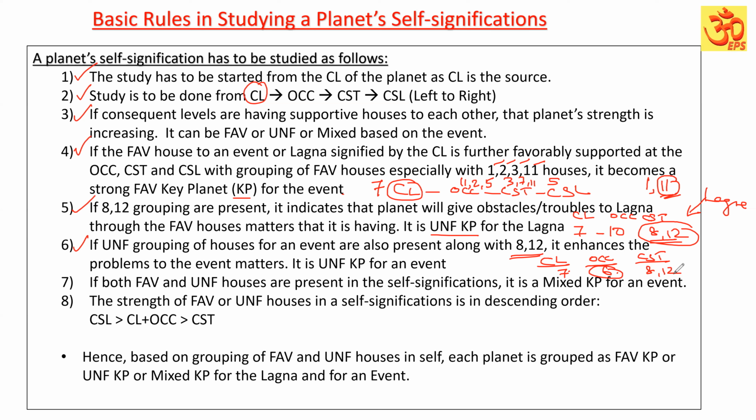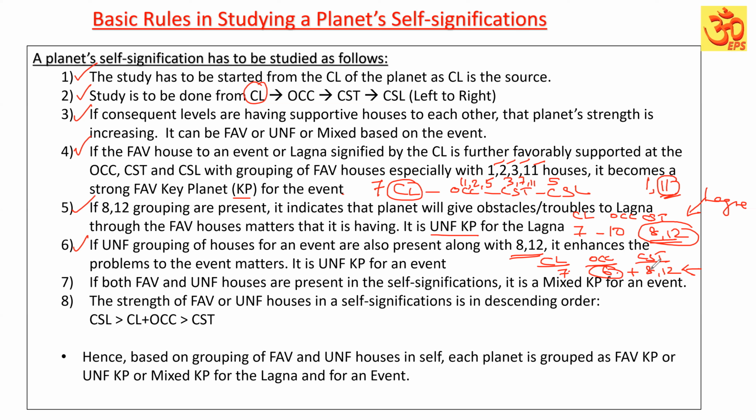And 8 and 12 houses are also unfavorable houses to the event, because they are obstacle causing and loss causing houses to the event, right? Now, an unfavorable house to the event, along with that 8th house and 12th house, when it is present, it is causing combinedly more unfavorable to the event.